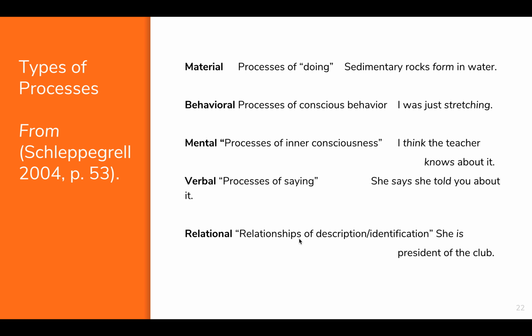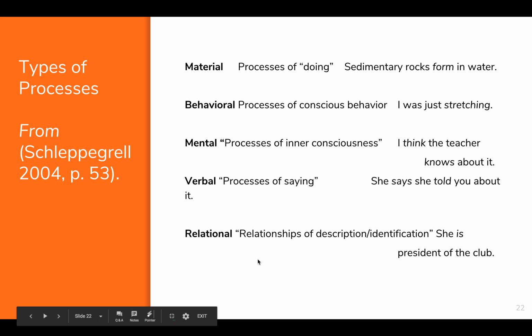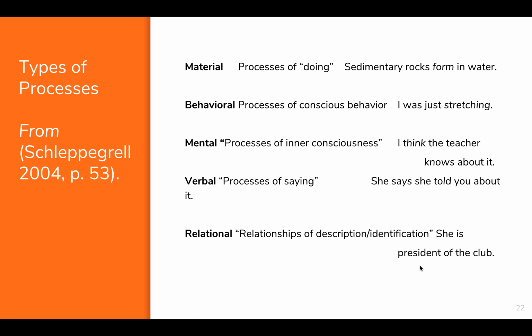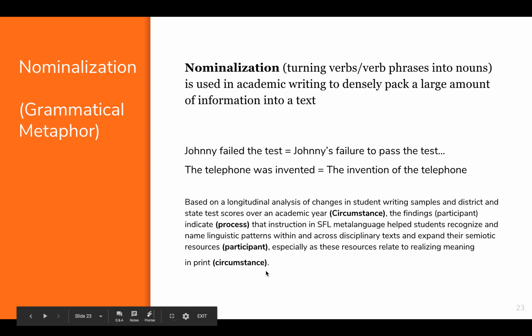Things happening in your head. Verbal processes of saying or writing, such as she says, she told you about it. And then finally, relational processes describe or identify things, such as she is president of the club, relating she to the president of the club. So those are different types of processes.